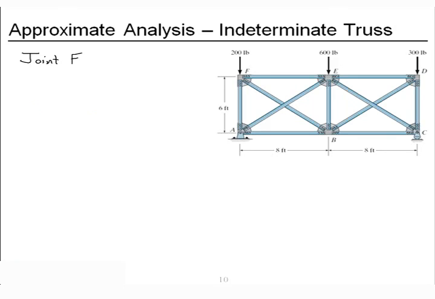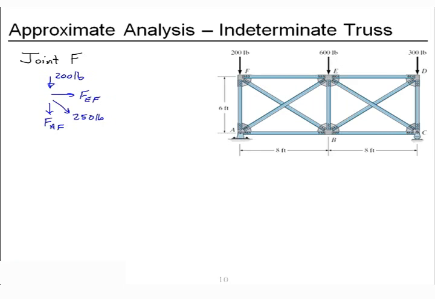All right. At joint F, I have my 200 pounds applied downward force. My unknown force in member EF, the top chord. I have my diagonal, which I know is 250 pounds tension. I have my unknown vertical force in member AF.